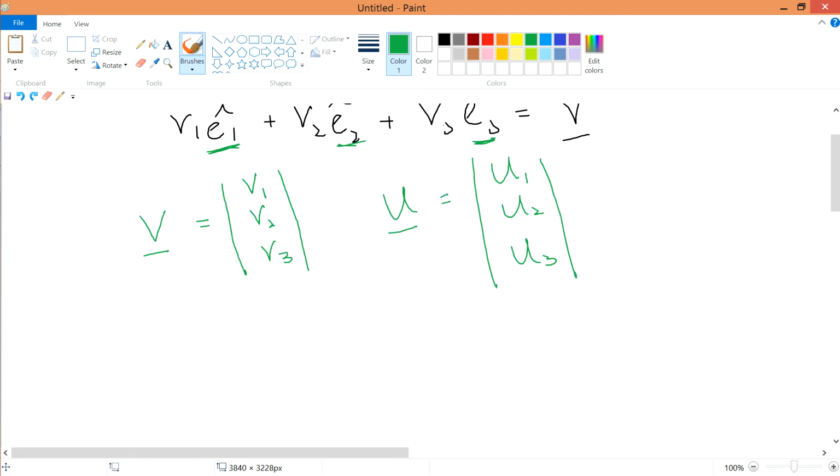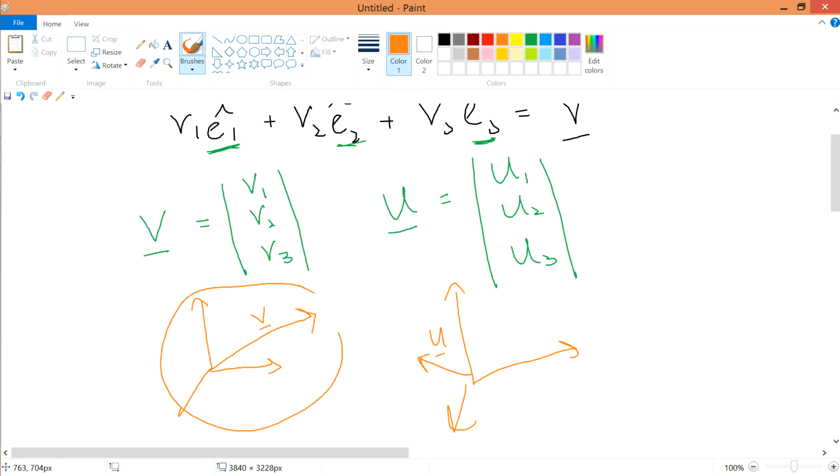If, for example, this v vector in 3D space has a certain vector force, and u itself has another certain vector force, the relationship between them has a more profound meaning.